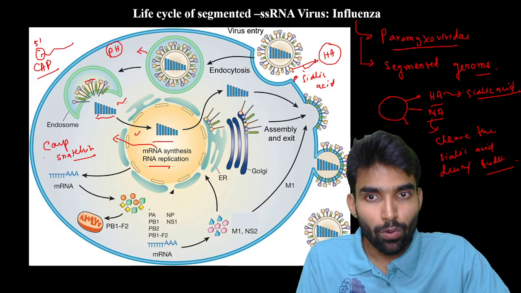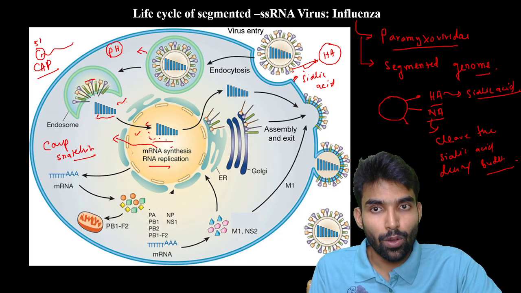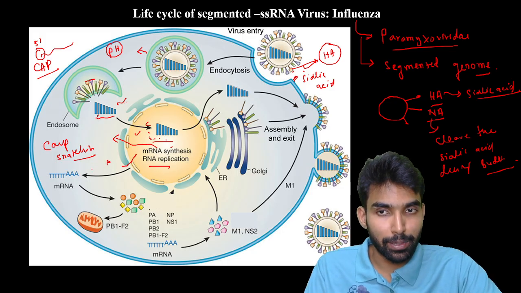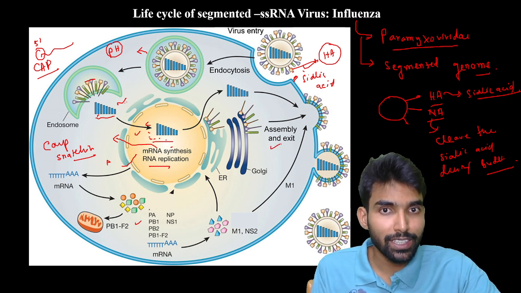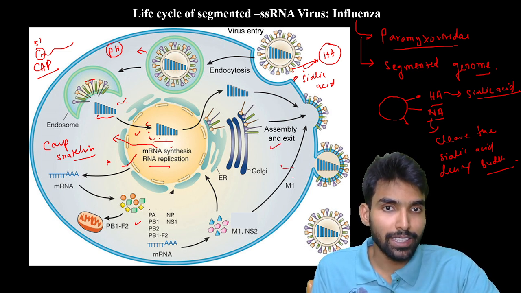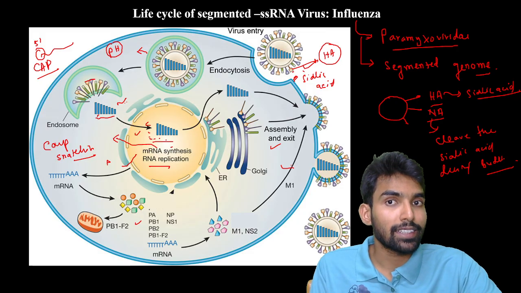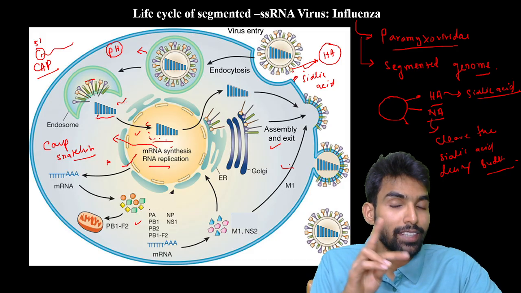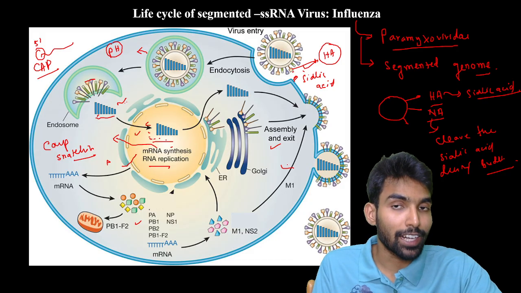Got it? So now once the mRNA is produced inside the nucleus, what's happening? The positive sense mRNA comes outside and makes some protein, and this protein is assembled and finally it's budding. Right? So all the things are quite similar, but the thing you have to remember is it has 8 segmented genome, and that's why it's quite complicated for transcription in the cytosol.